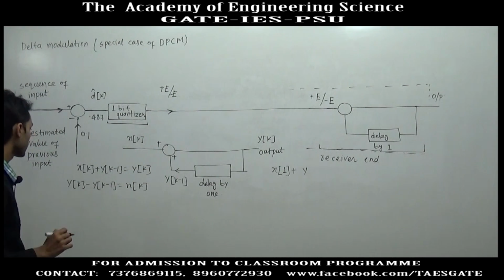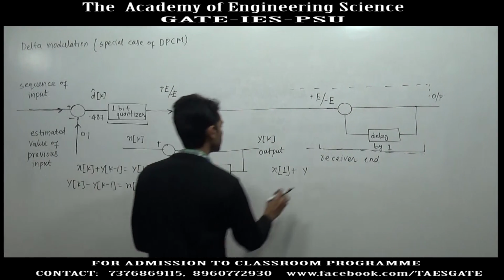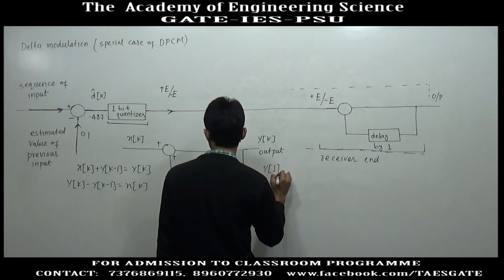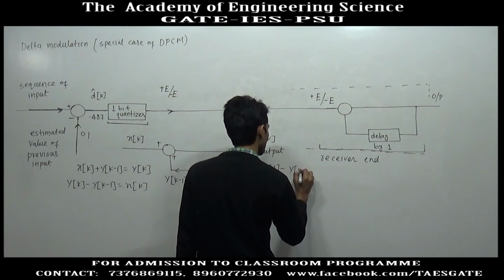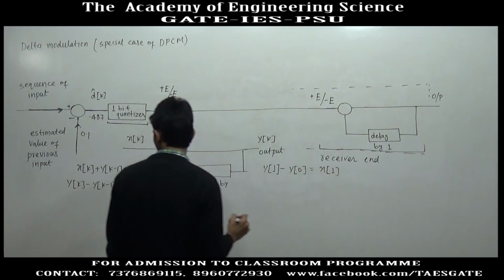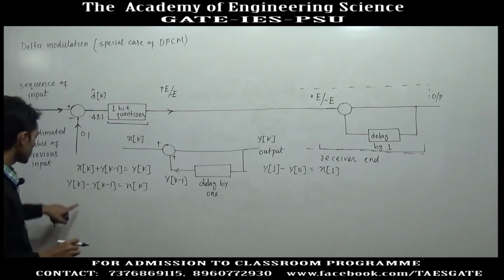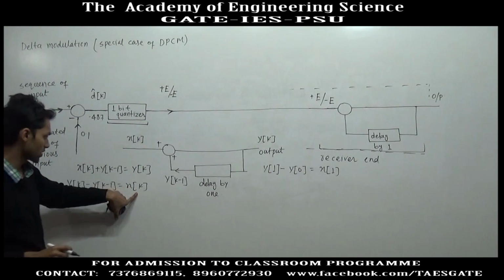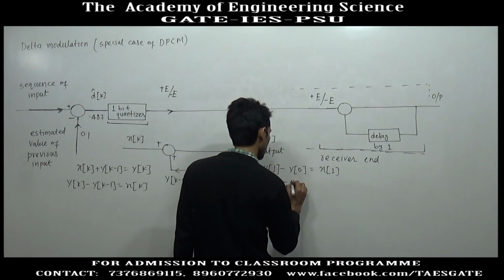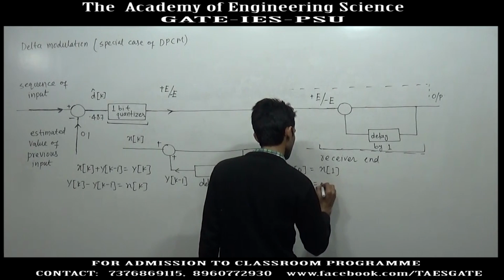Now, if we put k equal to 1, we will get y1 minus y0 is equal to x1. If we put k equal to 2, we will get y2 minus y1 equal to x2.